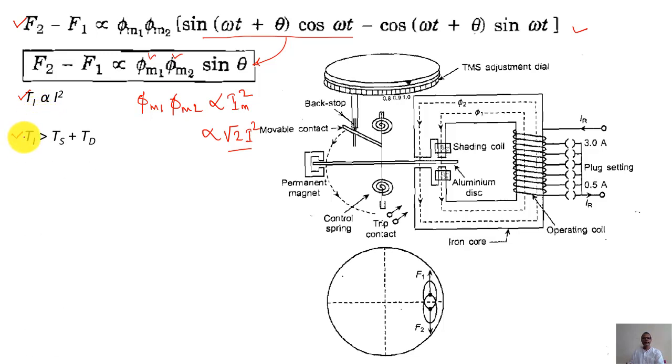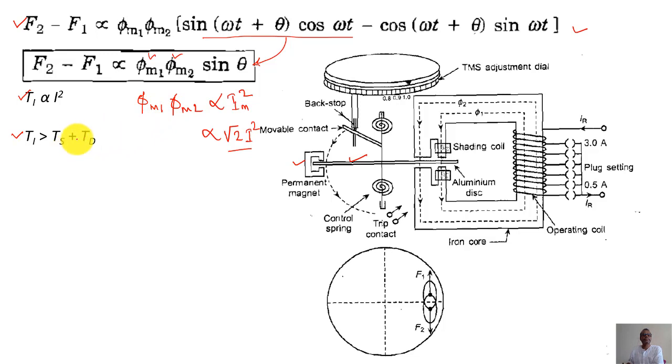Then I can write Ti should be greater than Ts plus Td if we want the aluminum disc to rotate, right? This is your aluminum disc, and this disc will rotate only when Ti is greater than Ts plus Td. This permanent magnet is sometimes provided to give damping as well, and the damping torque is also produced because of friction and windage losses, right?